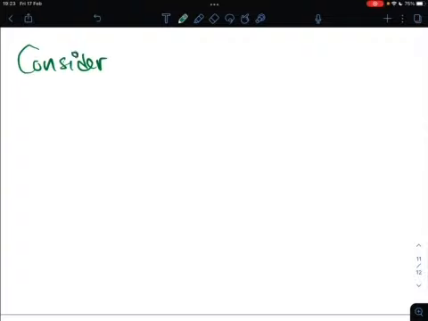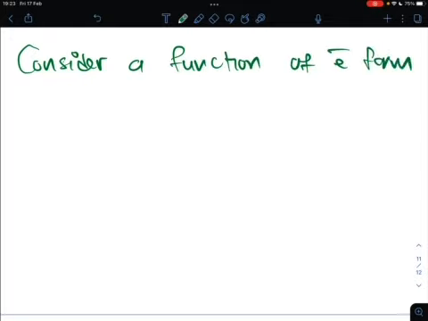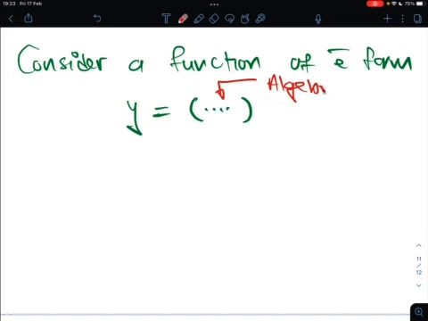So consider a function of the form y equals something, where this something is some algebraic expression in terms of x.